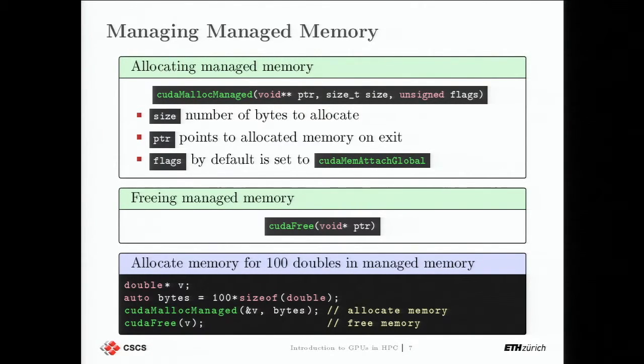We take the address of the pointer because we need a pointer to a pointer, because it has to put the correct address inside the pointer. It's one of those annoying things about C or C++, having to work with pointers to pointers. And then the size of the memory we want to allocate, and then in between here we would do something with that memory, run some GPU code, and then when we're finished with it, we call CUDA free.